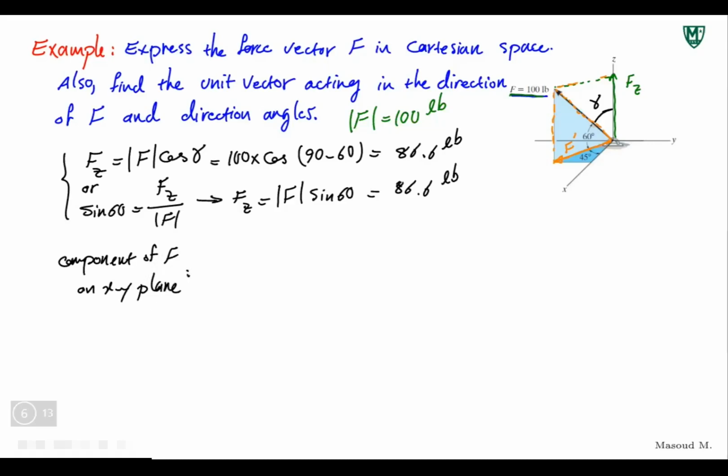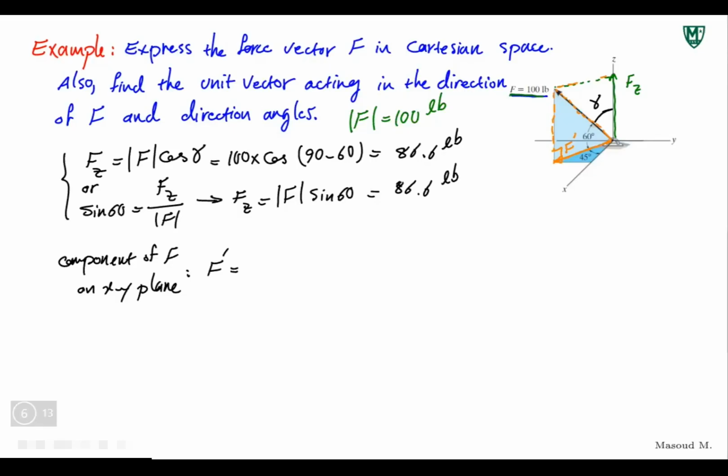Now, what is the value of F prime? Can someone tell me? Looking at this triangle, and this is a right triangle, we know the hypotenuse is 100. We know this angle is 60 degrees. What is the value of F prime? 50.